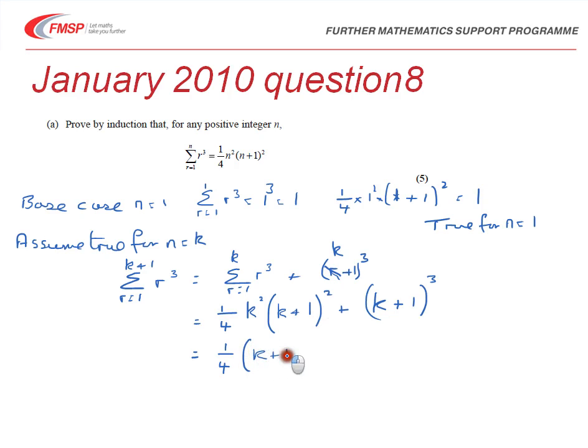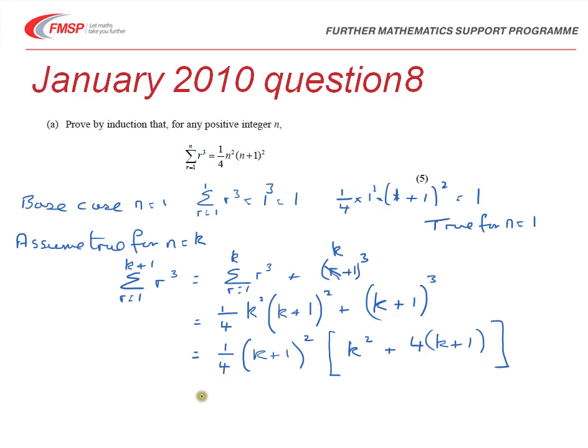So if we take out that and see what we're left with, in the first part we're left with k squared, and in the second term we'll have k+1, that's giving us the (k+1) cubed in the line above, but remember that we've taken out the quarter as a factor, so this is 4 times (k+1).